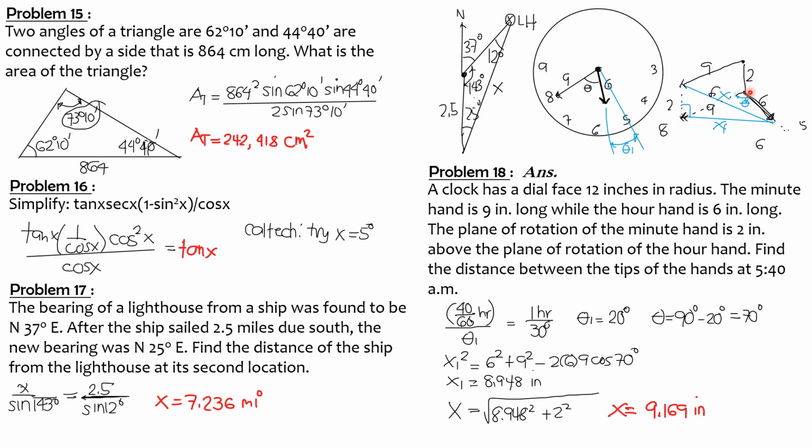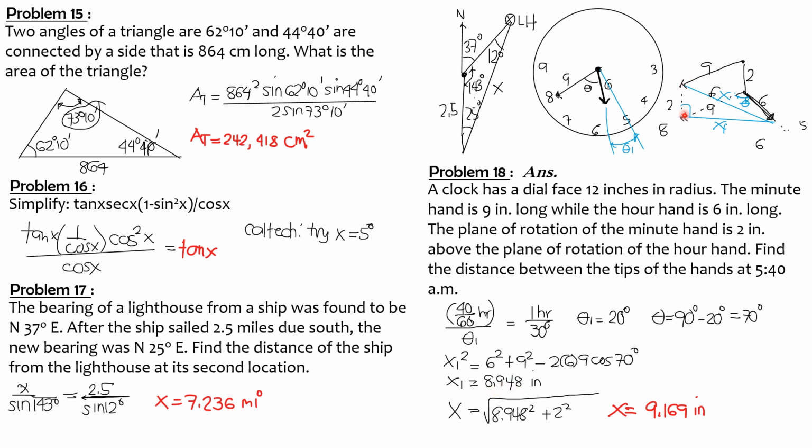In this triangle we solve for x1 first, and finally in the right triangle we can solve for x, the distance between the tips of the minute hand and the hour hand. To solve for x1 by cosine law, theta is 70 degrees, so x1 squared is 6 squared plus 9 squared minus 2 times 6 times 9 cosine of 70 degrees. So x1 is 8.948 inches.